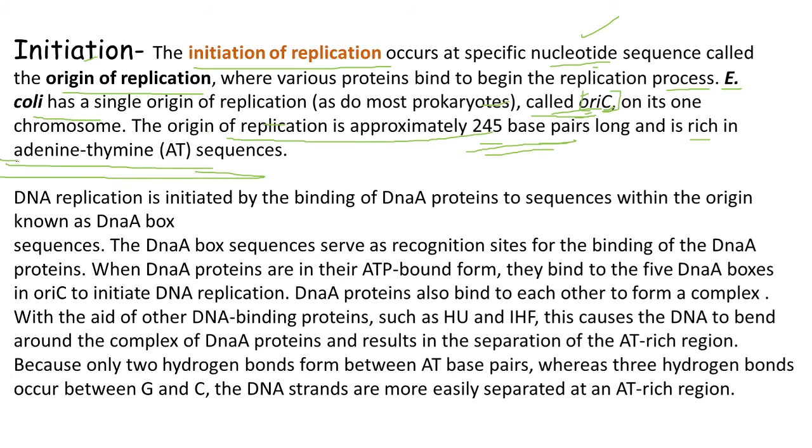Among A, T, G and C, A always binds with T with a double bond, and G with C with a triple bond. So the replication process uses much lower energy to break AT compared to GC. So the replication starts where the AT sequence is rich.